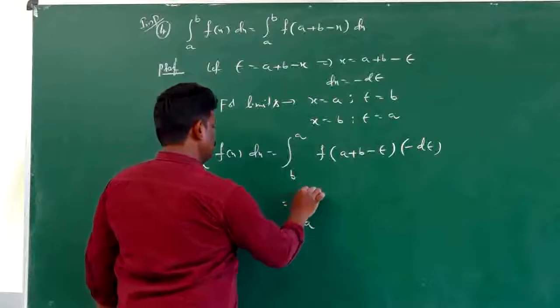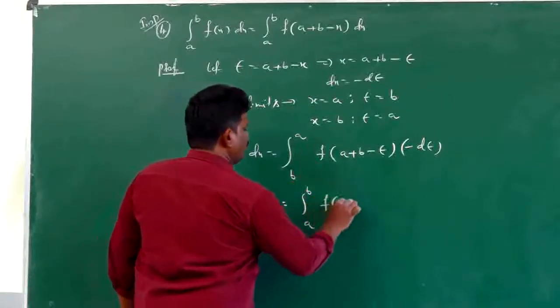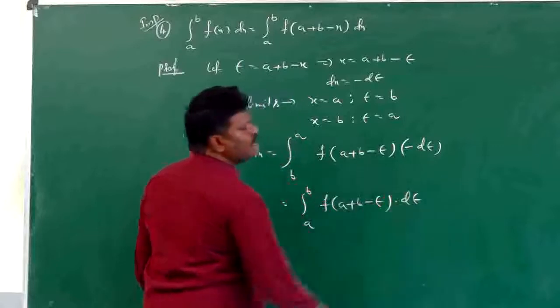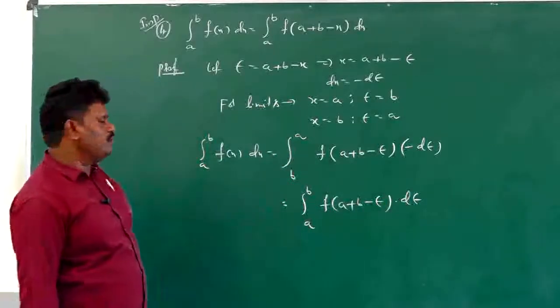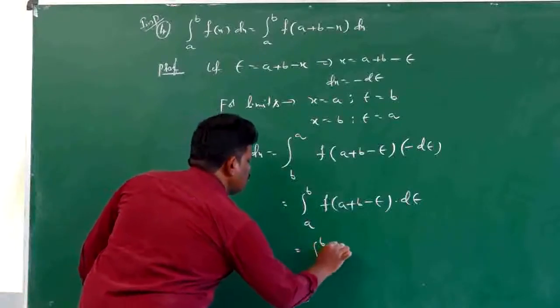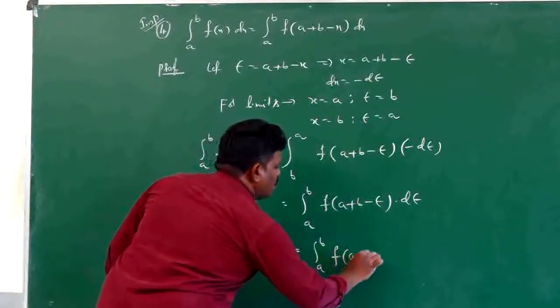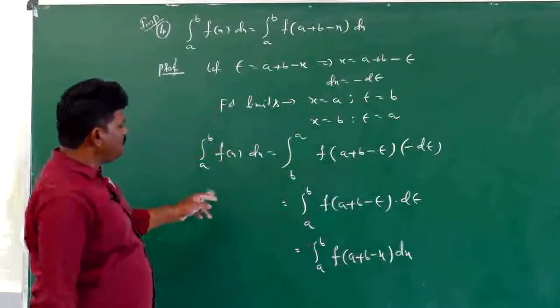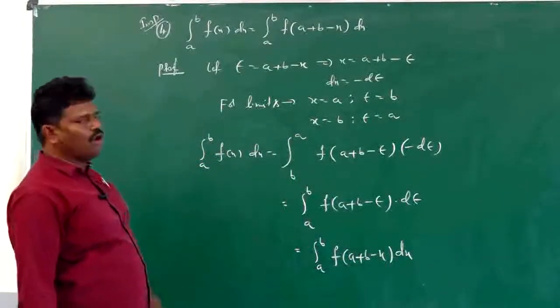So this is integral a to b f of a plus b minus t dt. Next, by the first property, it is integral a to b f of a plus b minus x dx. Okay? Therefore LHS is equal to RHS.